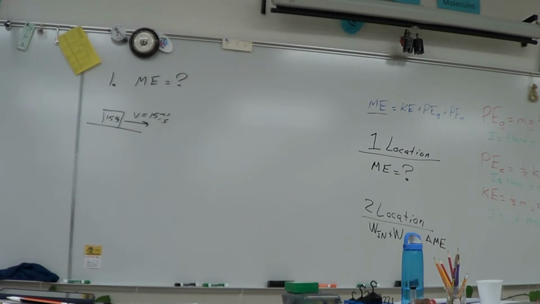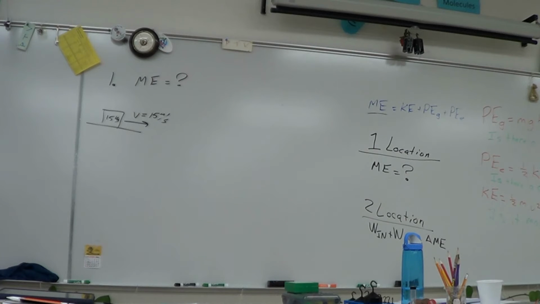When we talk about PEE, we're talking about spring stuff. Spring constants, how far that spring is stretched or compressed. And when we start talking about KE, we need mass, and then velocities. So things that are good to put on your pictures are mass, velocities, heights, and spring stuff. We're not going to talk about springs yet. We're just going to say, is there a spring, yes or no, and then we'll move on from there.